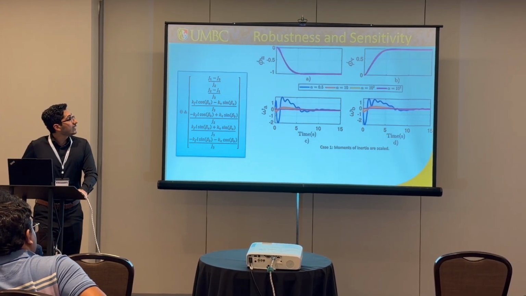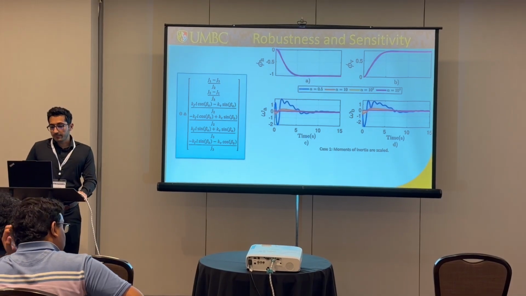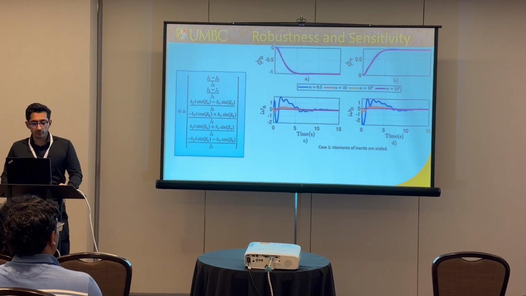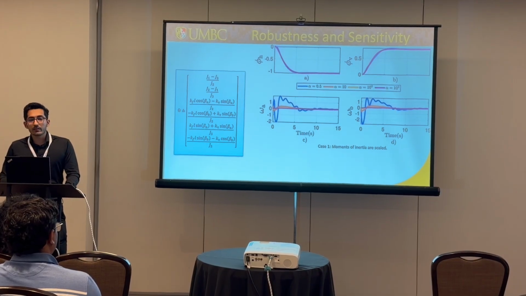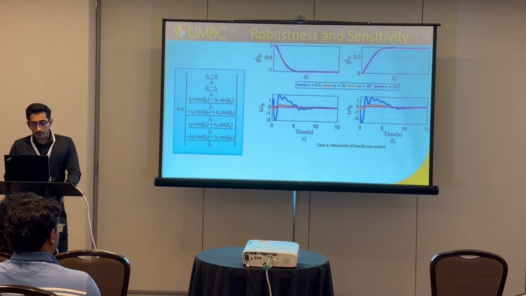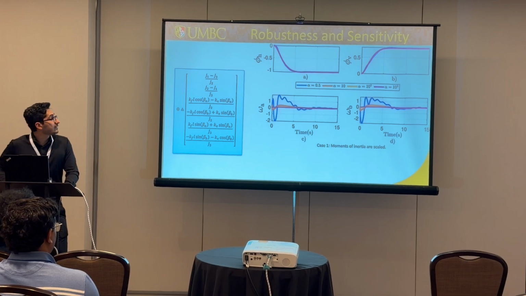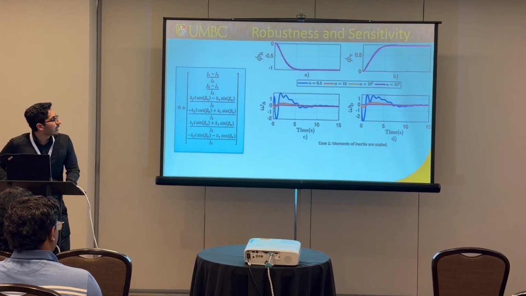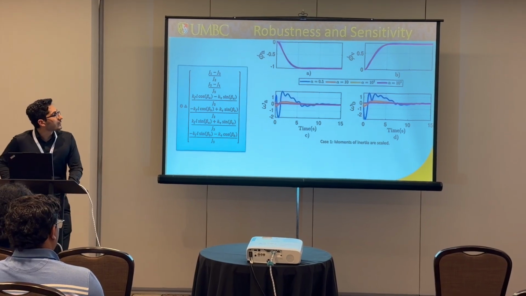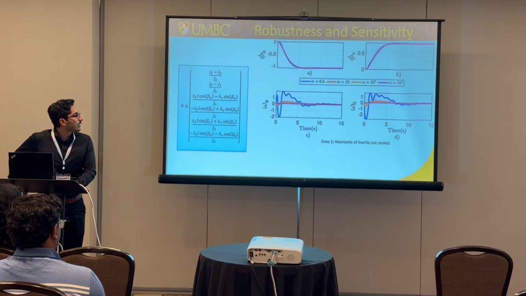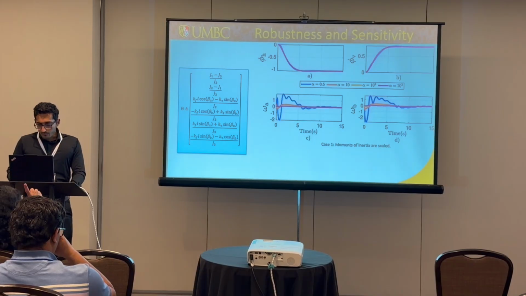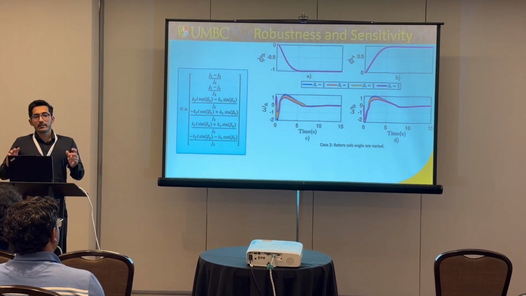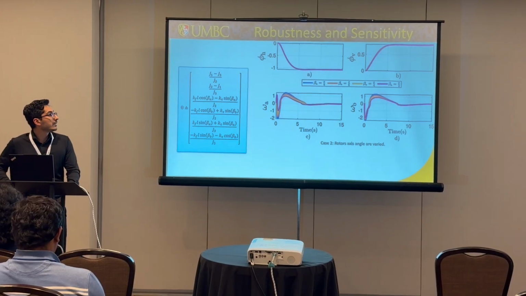Then we did a robustness and sensitivity test, because we want to see how robust the technique is to variations. We scaled the moment of inertia by scaling factors that you can see here, and in each case the controller was able to stabilize the system. Then we did some variations in the angle of rotors with respect to the base.